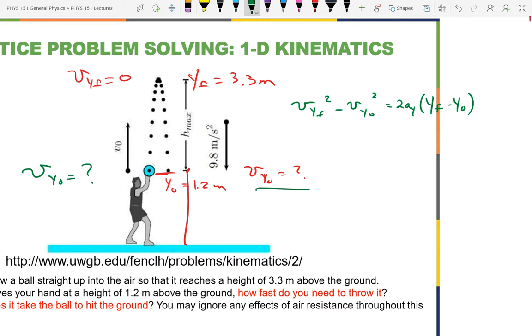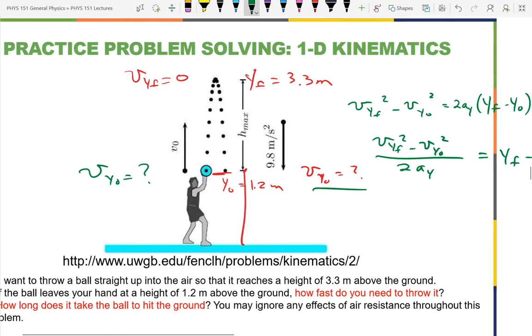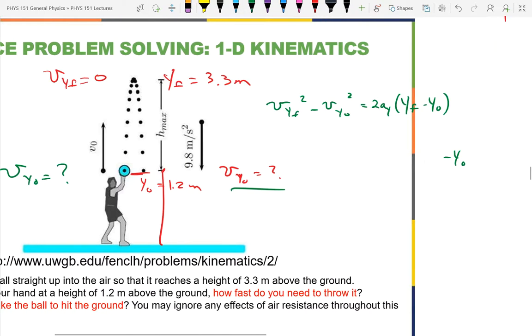So I just put in my numbers then. And actually, what am I looking for? That's not the way to solve for a v. That's the way to solve for a y.